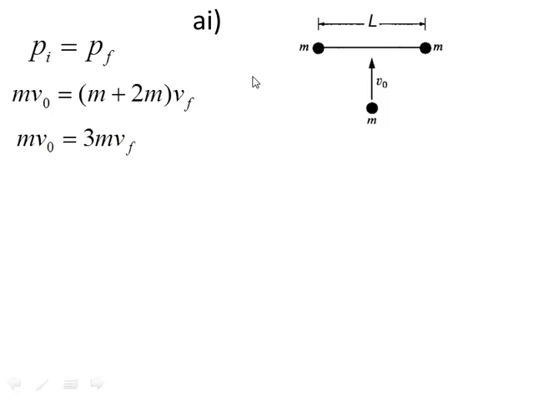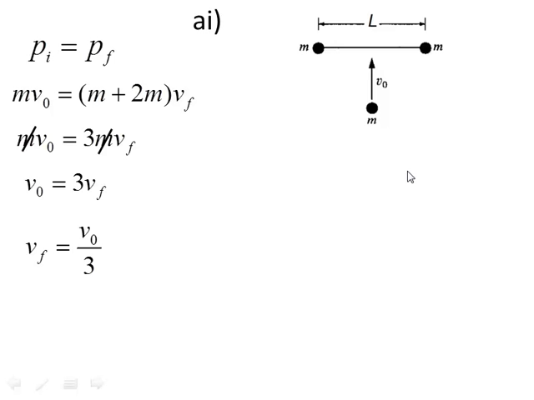Simplify it a little bit. Just add the m plus 2m equals 3m. The m's will cancel out. We have v0 equals 3vf. We want to solve this expression for vf, and we get vf equals v0 over 3.